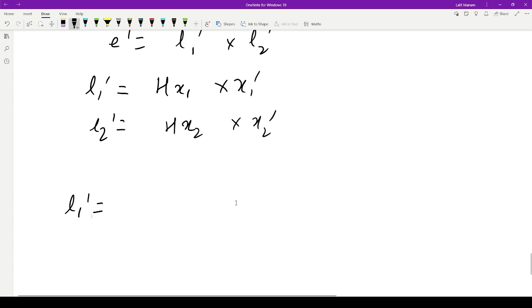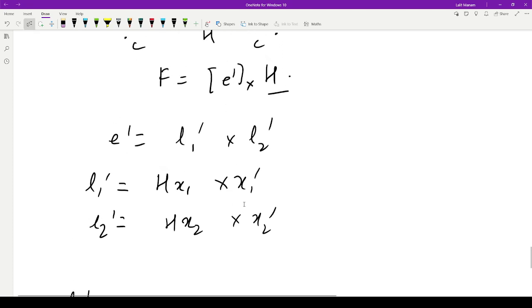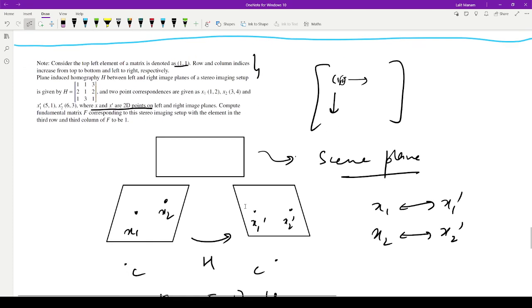X1 prime is actually H x1, right? Yeah, I was also thinking the same. Okay, so here the point is that the scene contains other elements as well. If you remember the last 2 or 3 lectures, the scene contains a plane through which you can get some homography, which is fine.